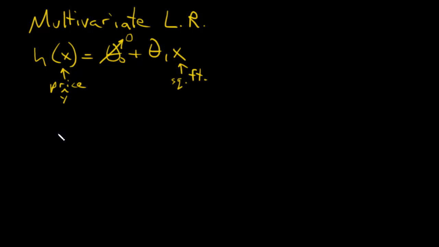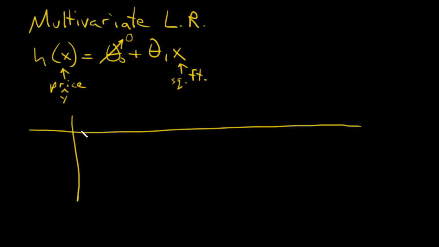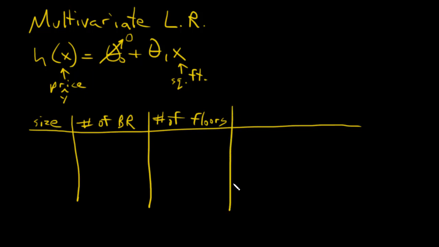So we're going to start off with a table where we have more things than what we used to. I'll just start right here. We're going to start with what we had before, which is the size, the square footage. Then the next one, the number of bedrooms, then the number of floors, then the age of the home, and finally, our predicted price.